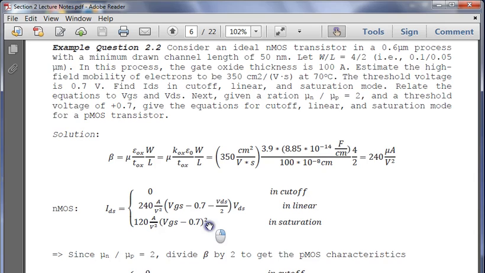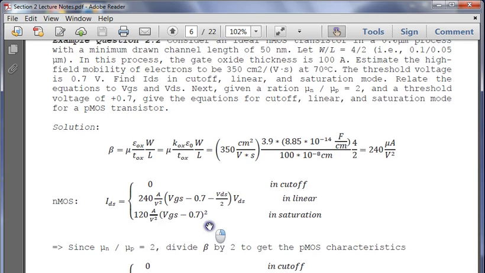The reason I mentioned the different signs in the question is that we add here, because PMOS and NMOS have inverted signs. Also, since the mobility is divided by 2, we just divide 240 and 120 by 2, so we get 120 over 60 plus 0.7. I'll scroll up a little bit for you, Aaron.